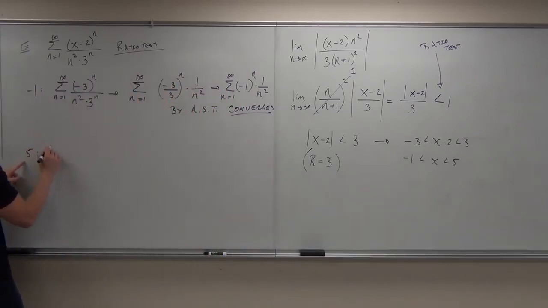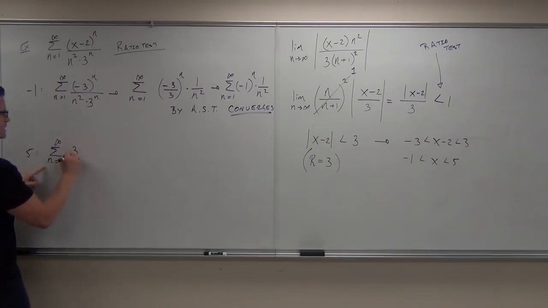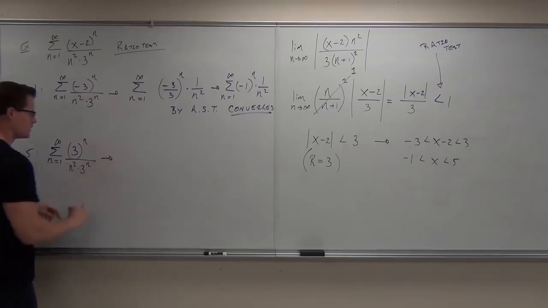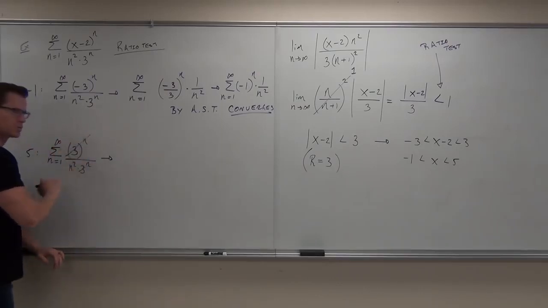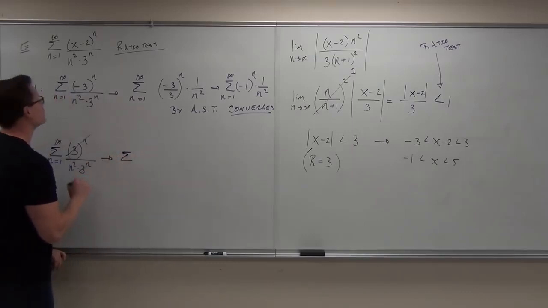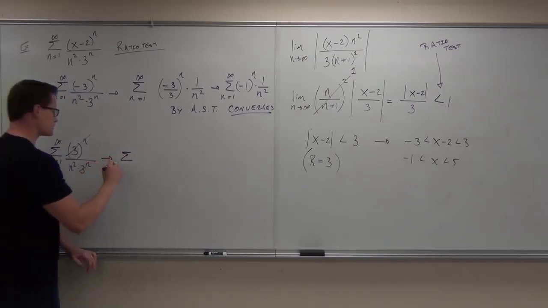Plug in 5. If we do that, we get n equals 1 to infinity of 3 to the n over n squared times, this one's even easier. How much is 3 to the n over 3 to the n? 1. Wait, 5. 1 over n squared.